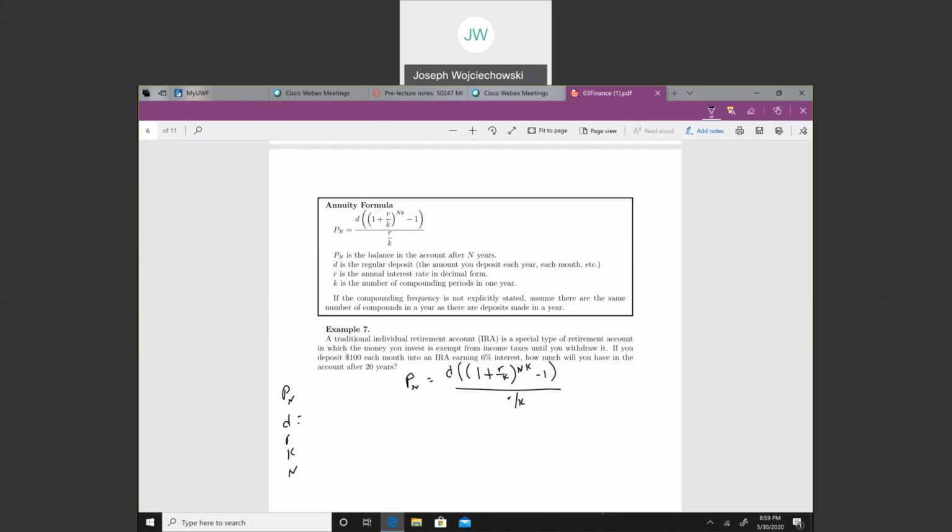If you deposit $100 each month, D is 100, into an IRA earning 6%, R is 6%, which is 0.06 in decimal, how much will you have in the account after 20 years? So N is 20 years, and since it doesn't state K, and we're putting money in monthly, K is 12.